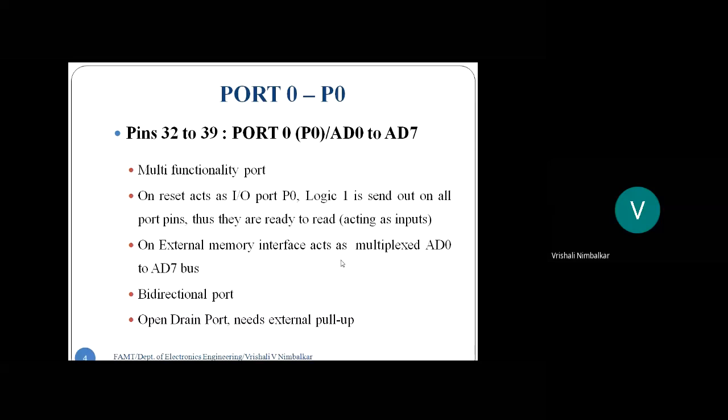The address is sent out by the microcontroller, so it's a unidirectional output. Whereas on the data bus, the microcontroller takes the data and sends the data, so it is bidirectional. And whenever it behaves as an IO port, we need to initialize the pins to work as input pins. Are you getting me?